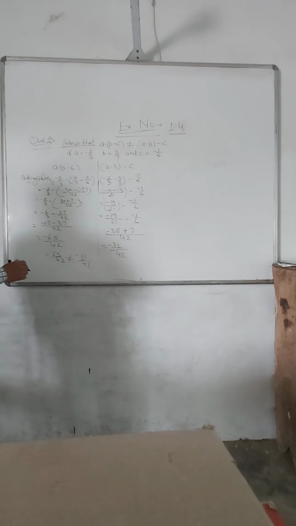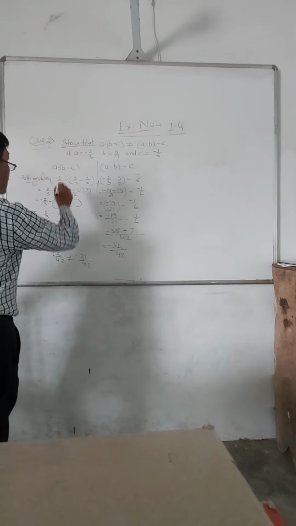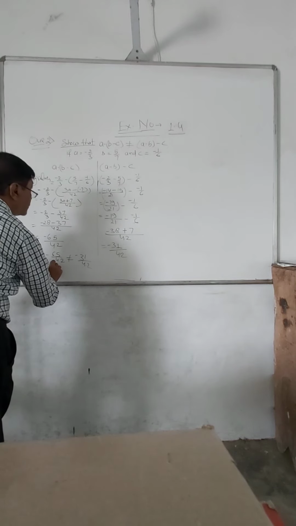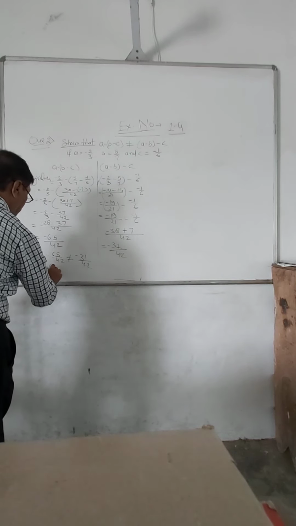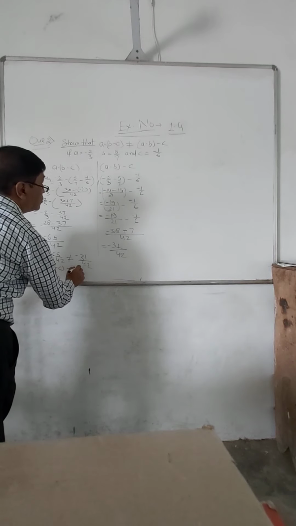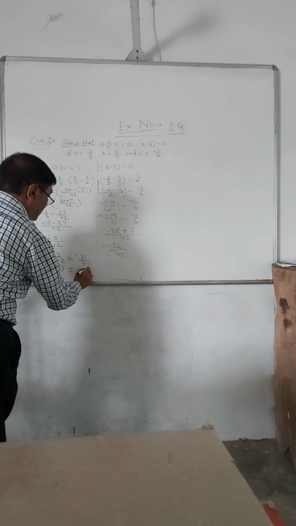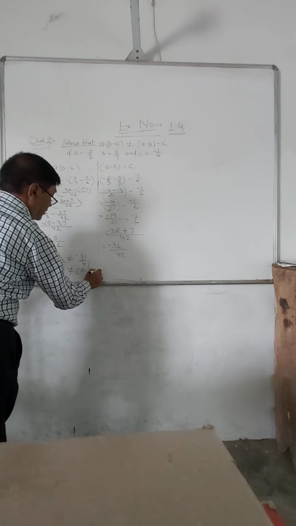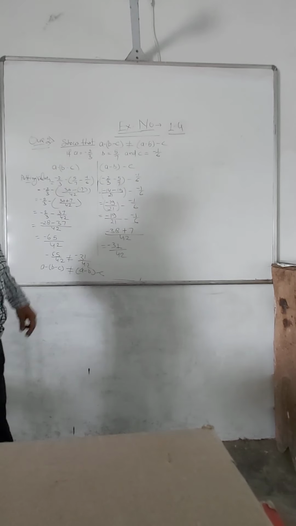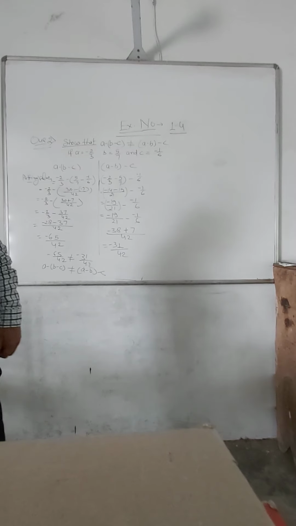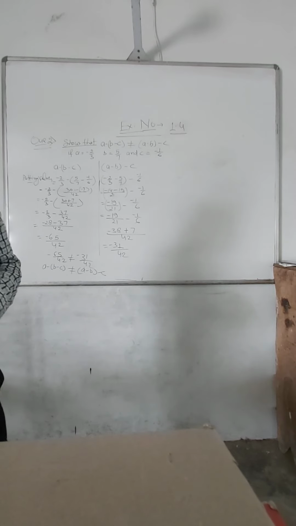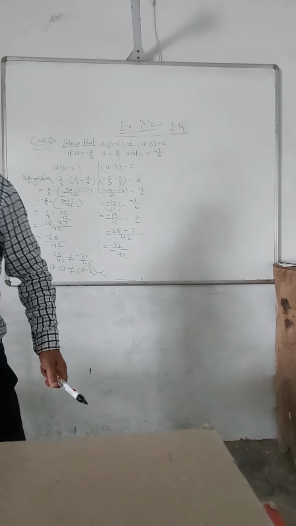Both are not coming equal, therefore A minus B minus C is not equal to A minus B minus C. So this is question number 2. Now we will proceed to question number 3.